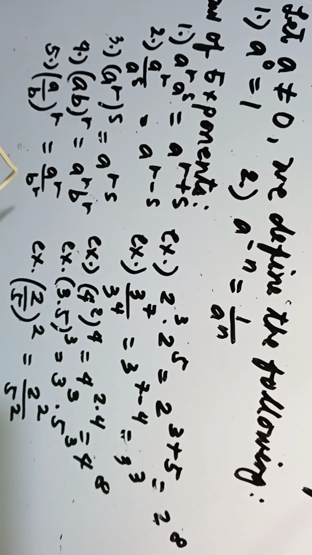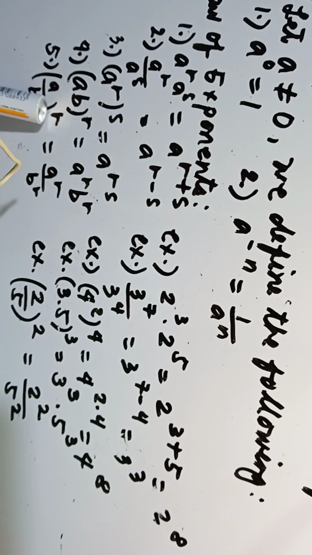Example, 3 times 5 raised to 3 equals 3 raised to 3 times 5 raised to 3. Number 5, a divided by b raised to r equals a raised to r over b raised to r. Example, 2/5 raised to 2 is equal to 2 raised to 2 over 5 raised to 2.